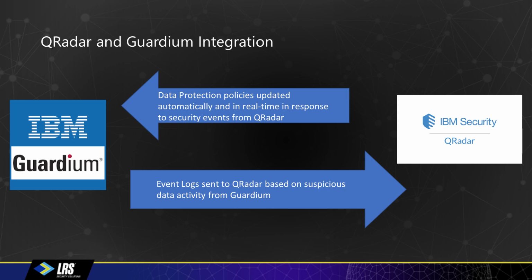But now QRadar and Guardium have this great two-way information flow to address additional use cases like blocking access from a machine that becomes compromised, increasing audit levels for access by a user ID that becomes suspicious, and increasing audit levels as well for a privileged shared user ID that was onboarded within a PIM system, for example. So again, I wanted to highlight the interconnectivity between these two solutions.